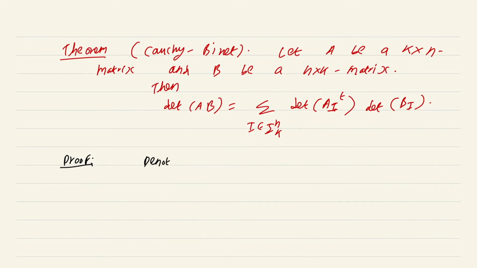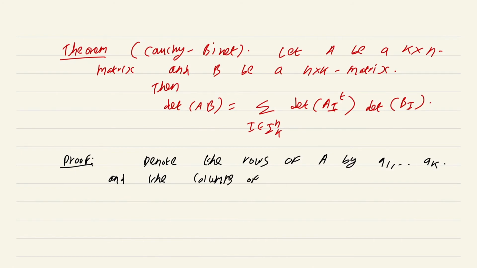So we are going to introduce a bit more notation. Denote the rows of A by A1 to Ak. There are k rows because it's a k cross n matrix, and the columns of B by B superscript 1 to B superscript k.